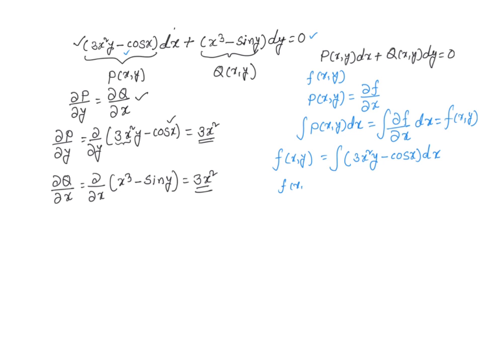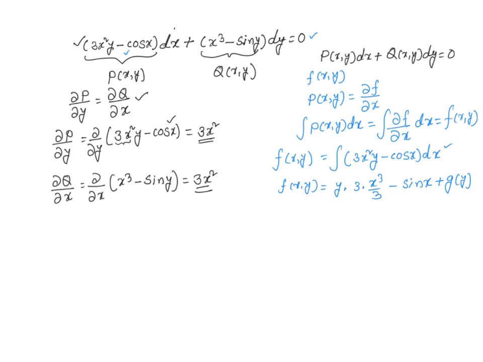Now let's go ahead and simplify it. I'm going to do this integral in one step. y is going to be a constant because we are taking the integral with respect to x. So it's going to be y times 3 times x cubed over 3, because the integral of x squared is x cubed over 3, minus the integral of cosine of x, which is nothing but sine of x. Now we have to add an arbitrary constant here. Let's call it g of y.